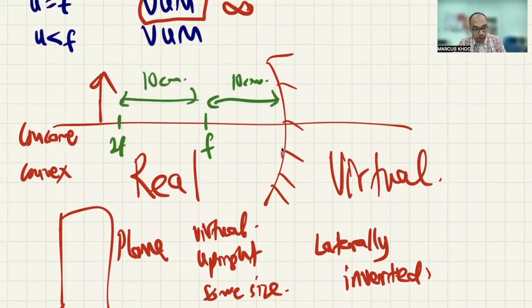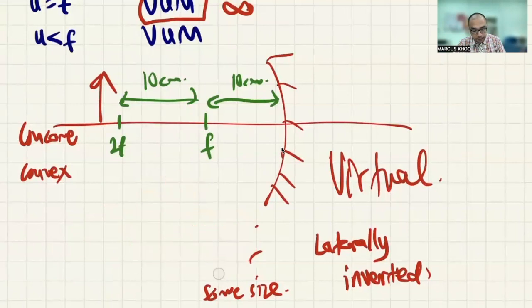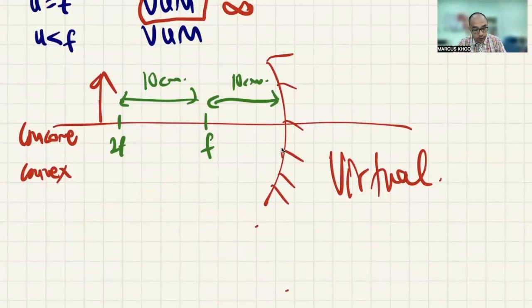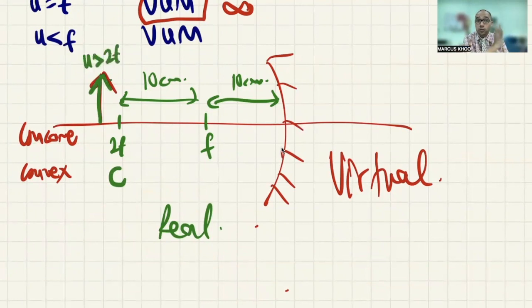The 2f in the mirror is also known as C, which is the center of curvature. Now depending on where the object is, this particular object here is U more than 2f because it's beyond the 2f. In the second case, U equals 2f, which means exactly at the center of curvature.